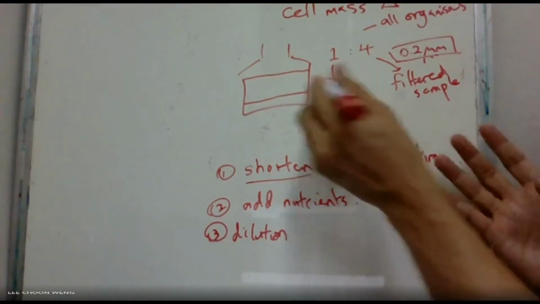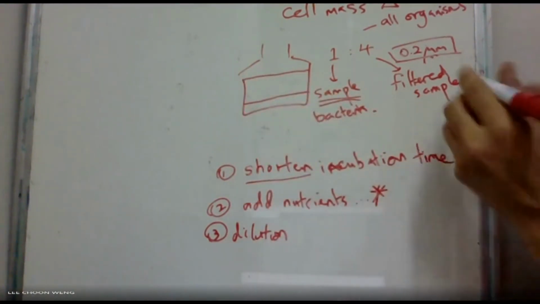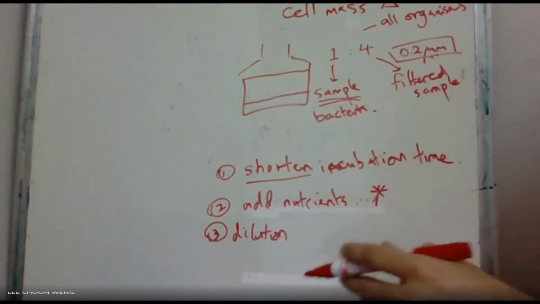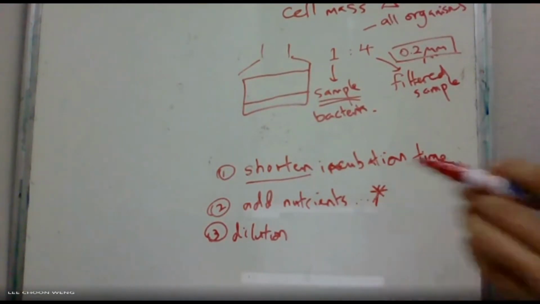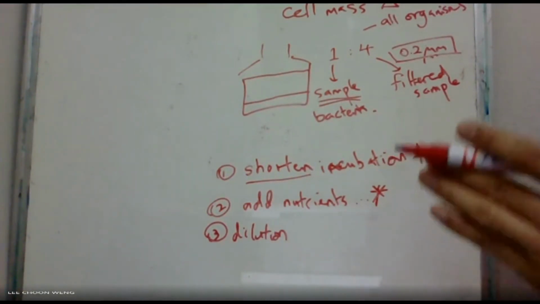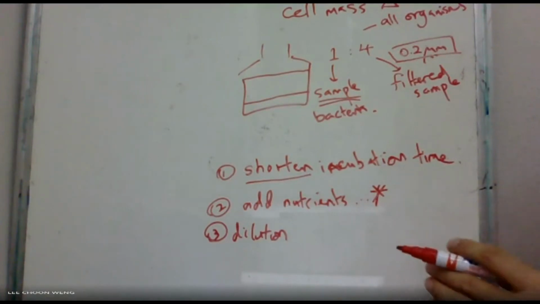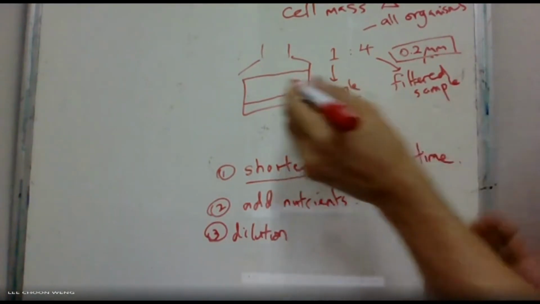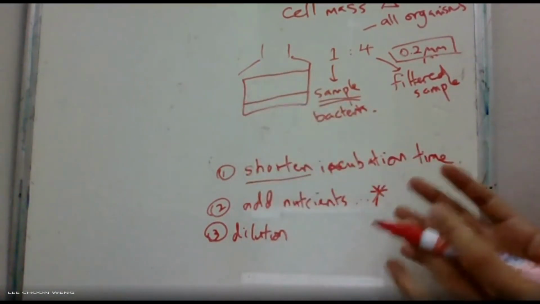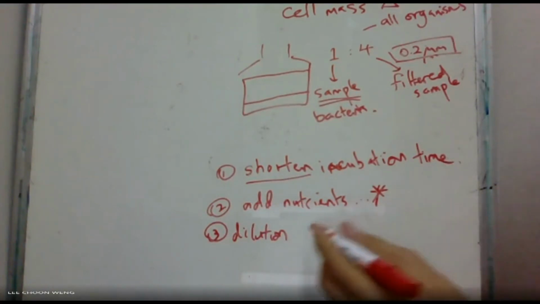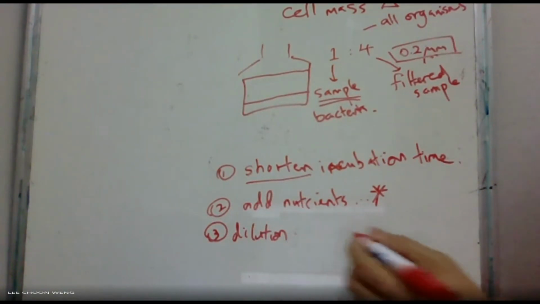But these are the nutrients that are naturally available in the sample. You didn't artificially add sugar, or you didn't artificially add other chemicals to it. Okay, these are nutrients that are readily available in the sample. Okay, so this is called the dilution culture approach.